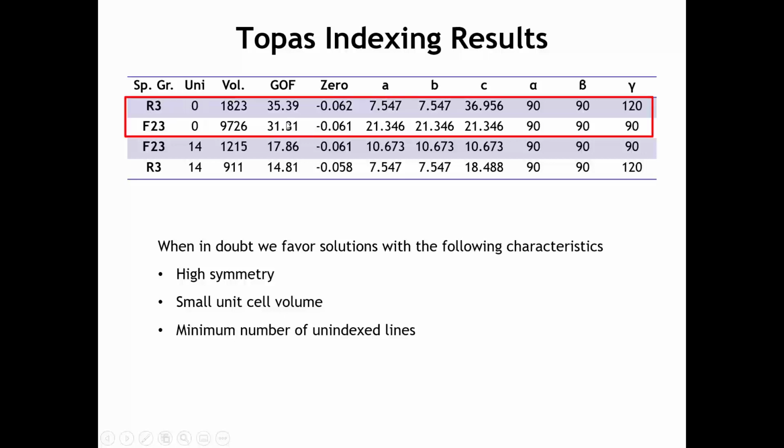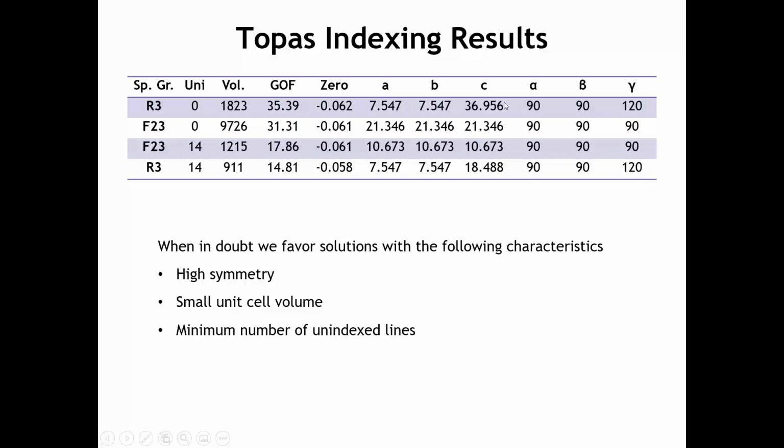Now, what about these 2? Their figures of merit are not that far apart. But then we want to do a couple things. We want to look for solutions that are high symmetry and give us a small unit cell volume. Now, the hexagonal cell in line 1 is slightly lower symmetry than the cubic solution in line 2, but it only has one more variable, the hexagonal cell.